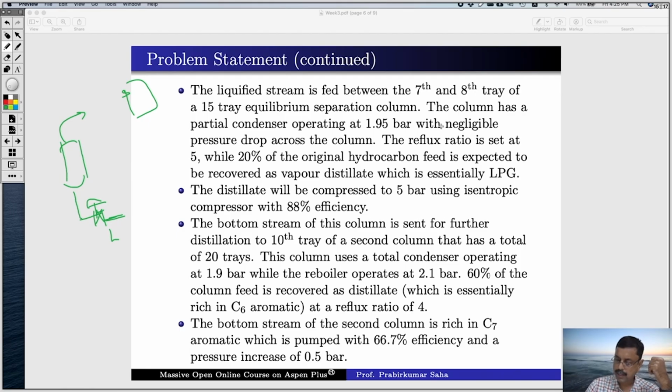So essentially there will be a distillation column where the stream is fed between 7th and 8th tray of a total 15 tray column.